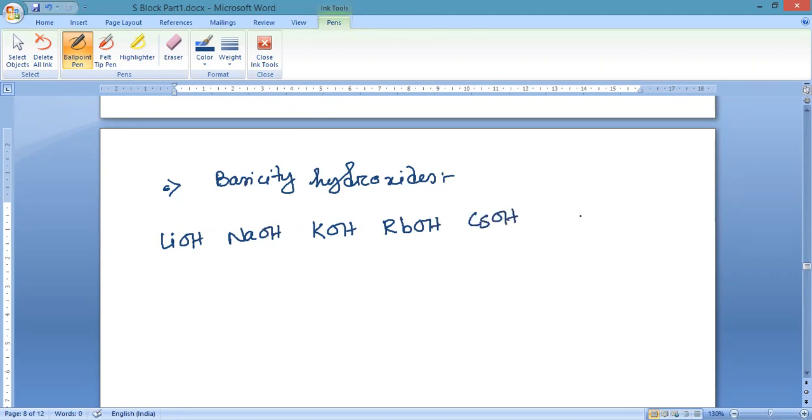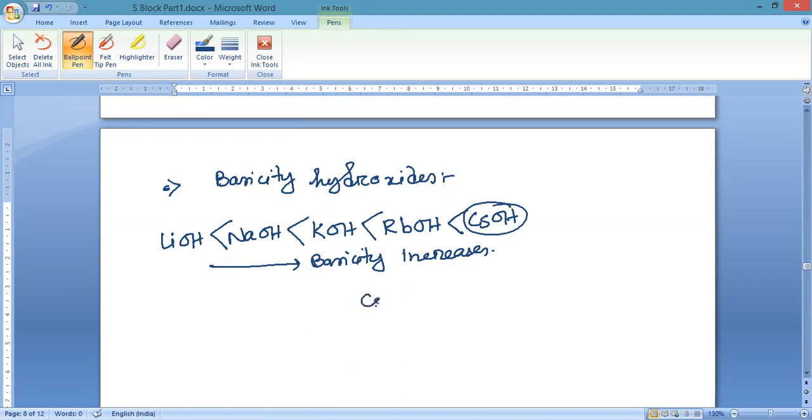Francium will not form because it is radioactive, so it is very difficult to do chemical reactions with it. The basicity increases. Why? Because cesium has a larger size, and because of this larger size, the Cs-OH bond becomes weaker.